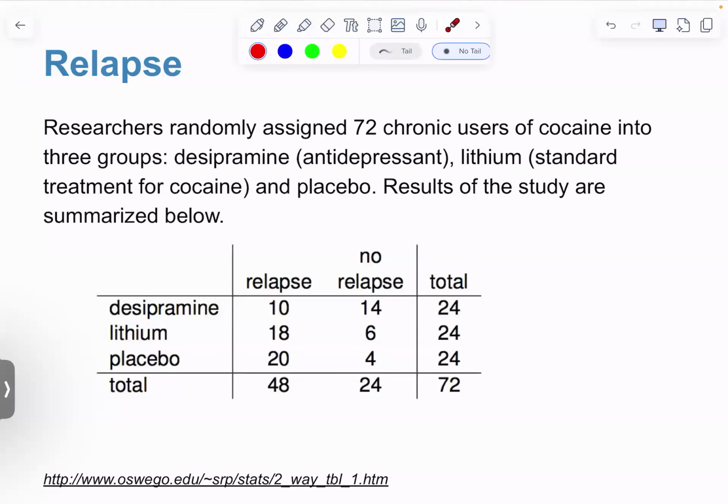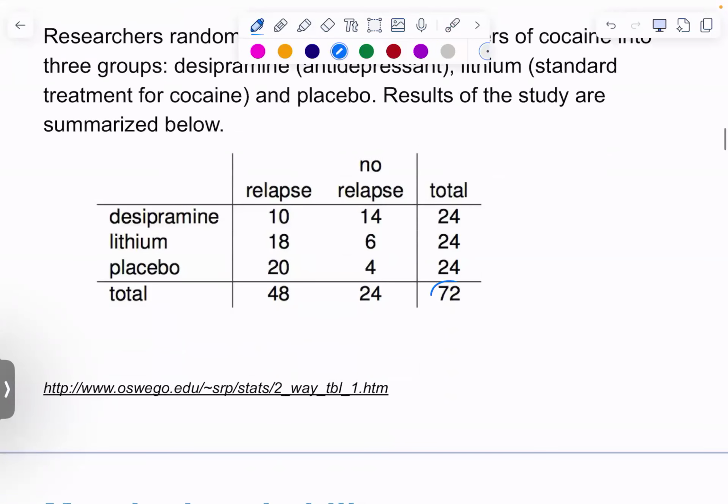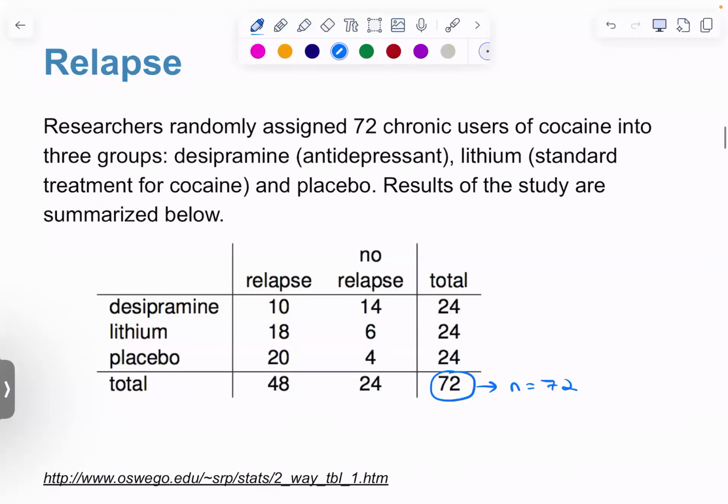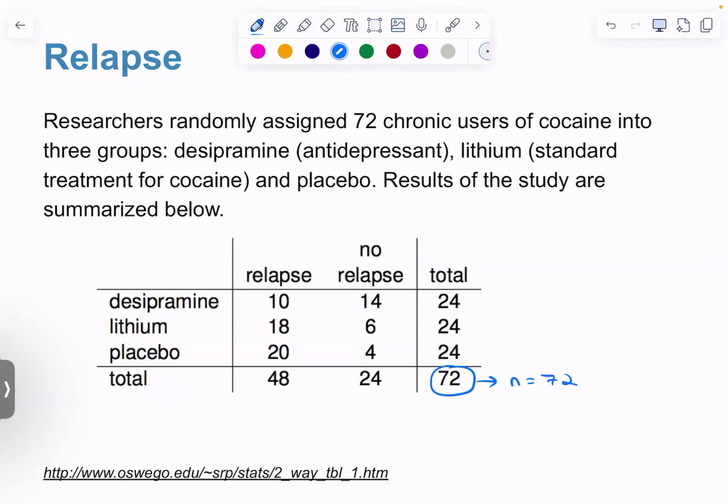The results of the study are summarized below. We have a total sample size of 72, so N is 72.